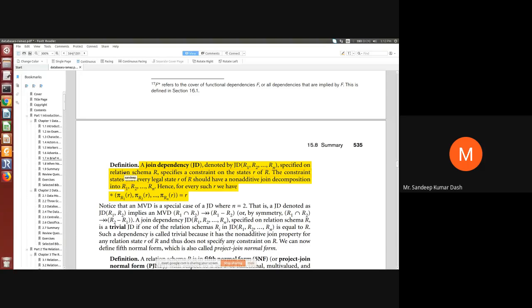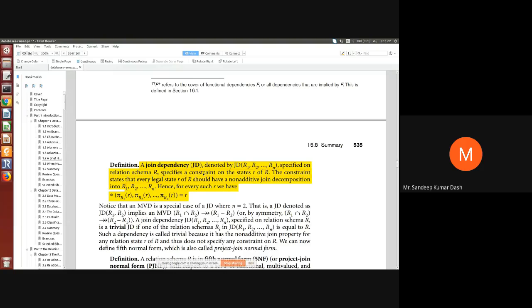If you find any additional data or any additional row in it, that is called a wrong tuple, or a spurious tuple. The definition says that a join dependency, denoted by JD(R1 to Rn), is specified on a relation schema R. This relation schema R is the original relation.